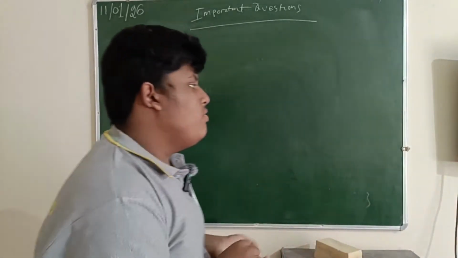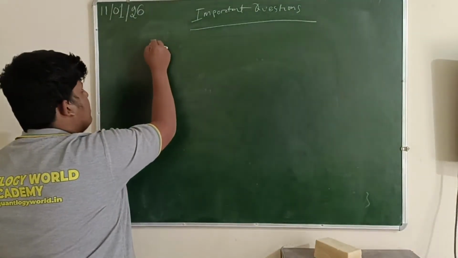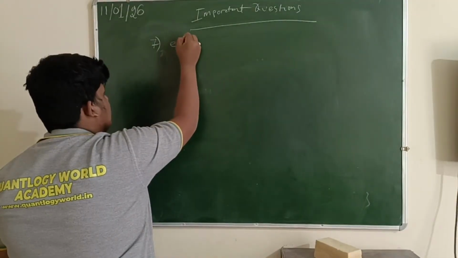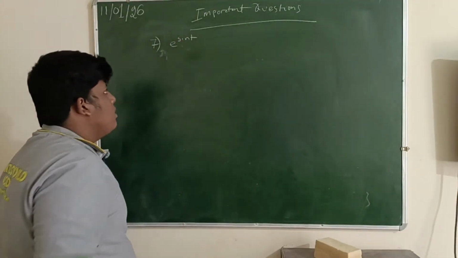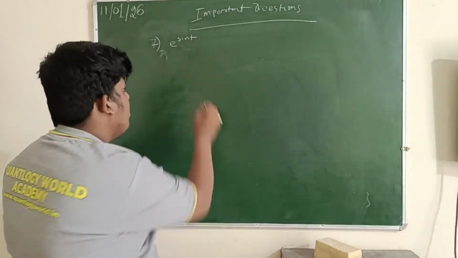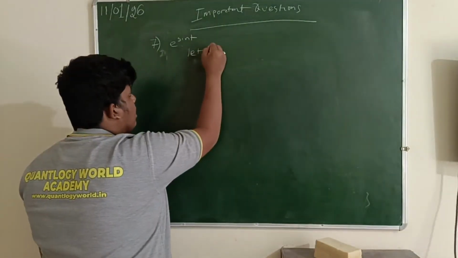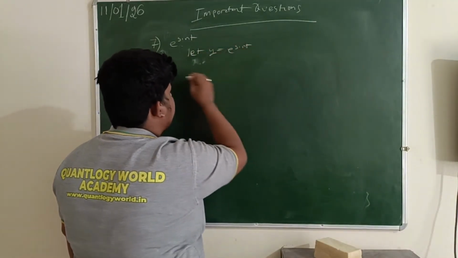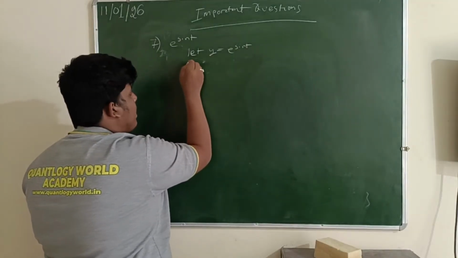First question of derivatives we'll do. This is the 7th question of our class. e to the power sin t. So first we have to differentiate this. We'll say let y equals e to the power sin t. Then what we have to find?